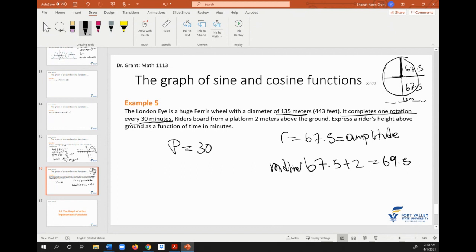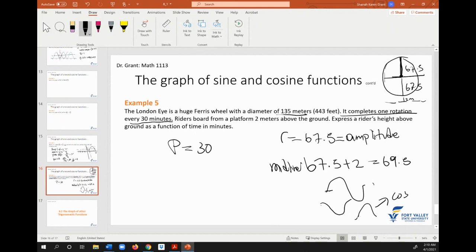All right, so since we are starting at the bottom, if you think about it, the sine graph starts at the midline, right? And then comes up. Cosine starts like so. But if you were to flip cosine, it will start from the bottom. So this would be negative, and we're going to use the cosine graph.